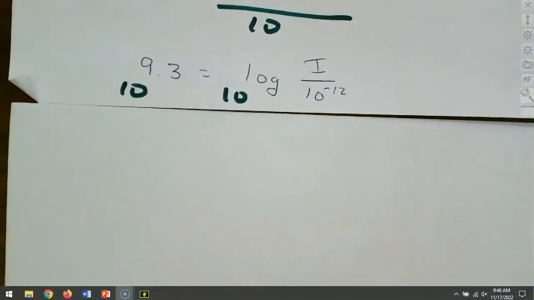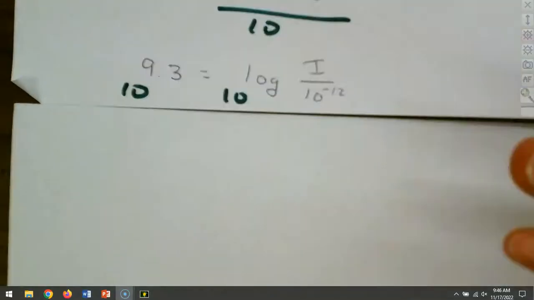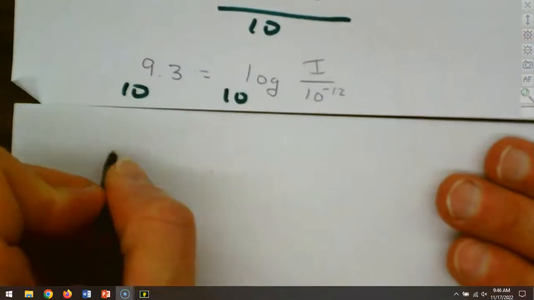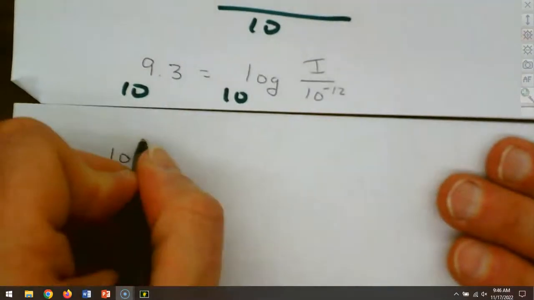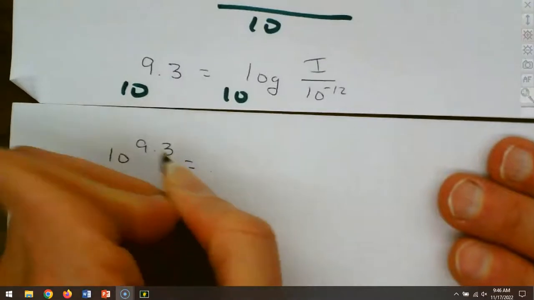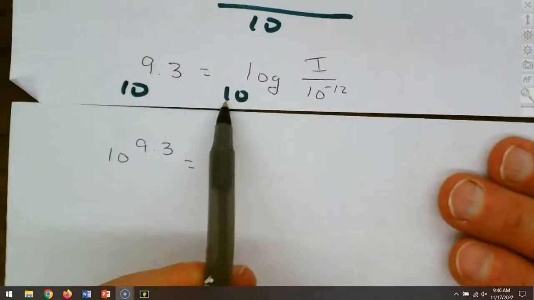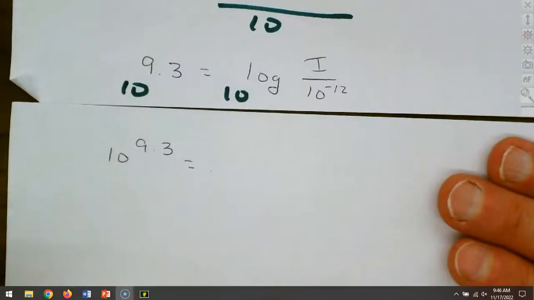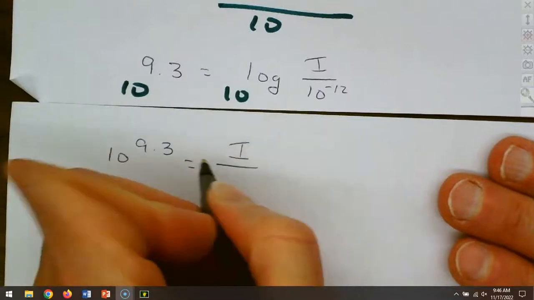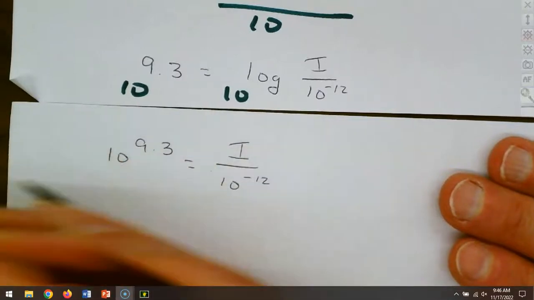If it had been an ln, we would use an e. So we're going to work this out, and that's going to give you 10 to the 9.3 power equals that logarithm, and that 10, they're inverses, they cancel out, and that's I over 10 to the negative 12th power.